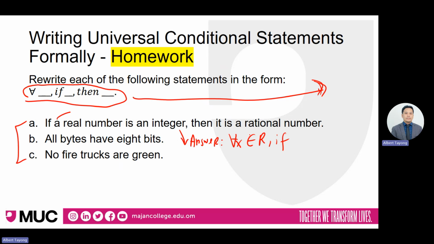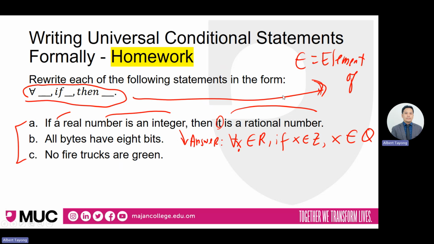Follow this form. So if a real number x is an integer, so we have Z, comma, then it is a rational number, x. We use element of.